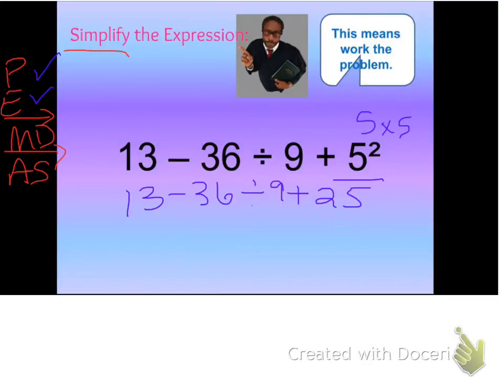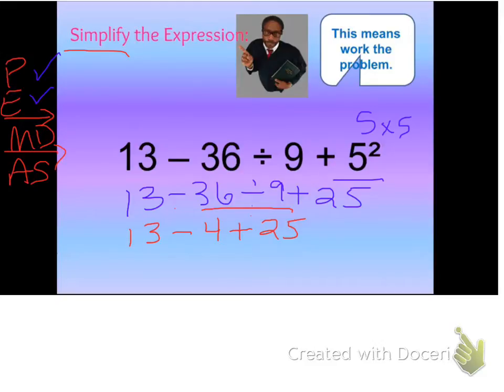So now I'm going to do my next step. The exponents are done, so I'm going to do multiplication and division, moving from left to right. Well, here I have subtraction, so that's not what I need. Here's division, so this is the next statement that I'm going to do. So this 13 minus I'm going to bring down. 36 divided by 9 is 4, and then I'm going to bring down the plus 25.